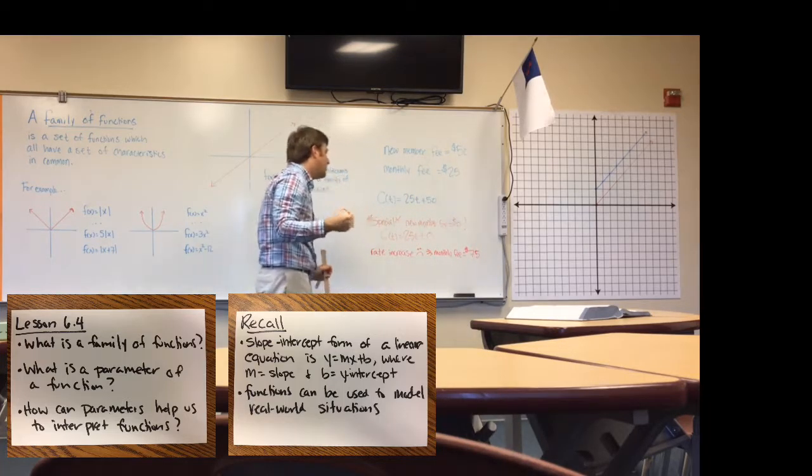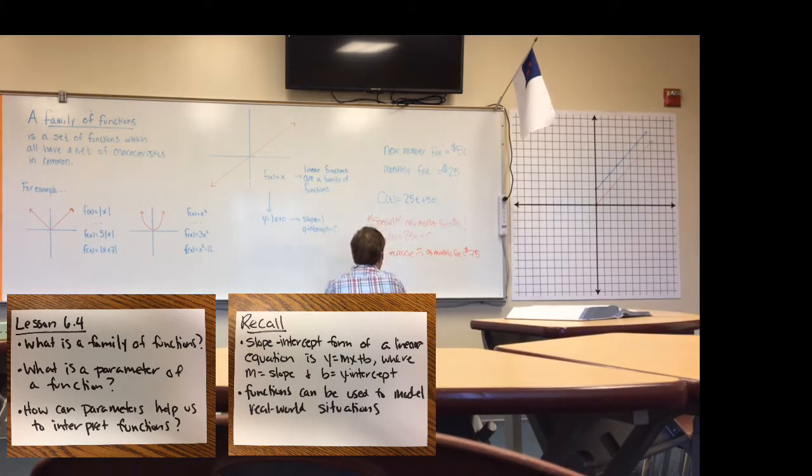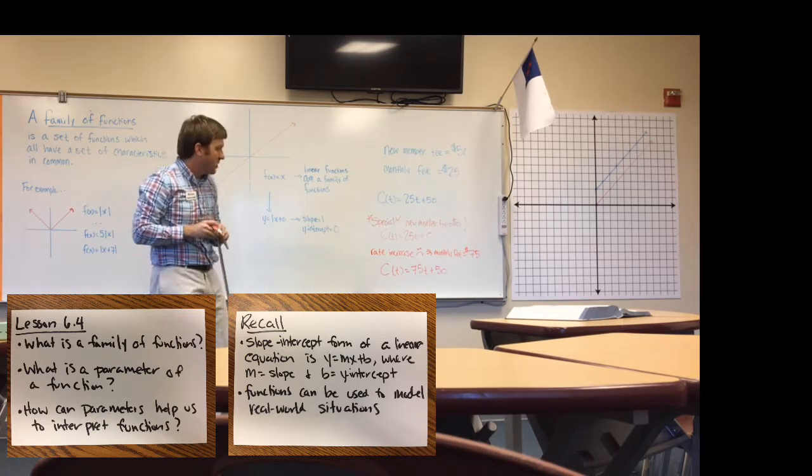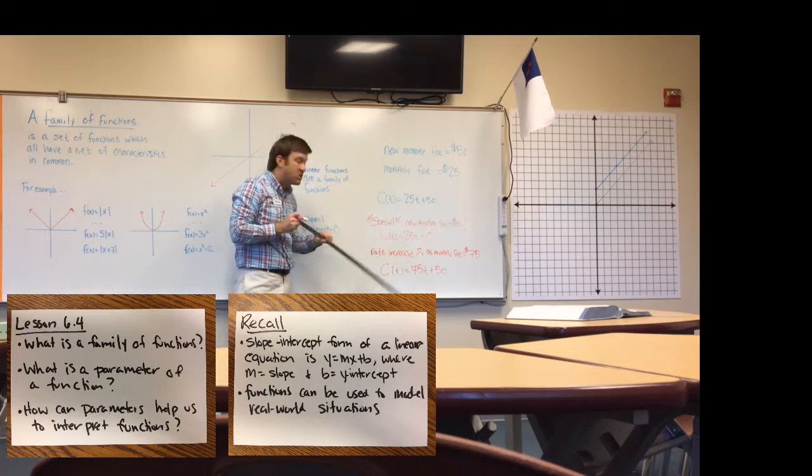So my new function is C of t equals 75t plus 50. We now have changed the slope.